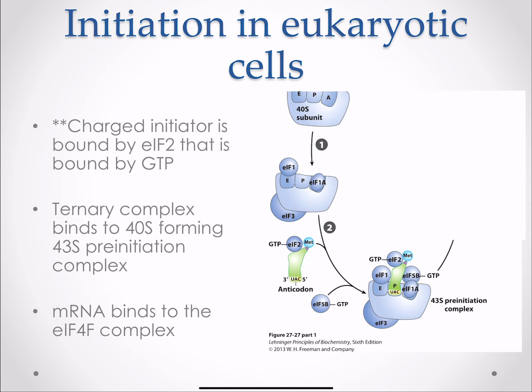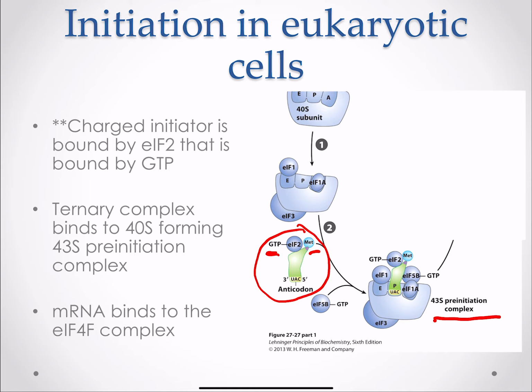Now what's going to happen is that you're going to have a charged initiator, and that is shown here. We have an initiation factor 2, which has that GTP bound to it. This is going to form a complex, and here we have our first amino acid coming in, that methionine, and the complex is going to form what's called a 43S pre-initiation complex.